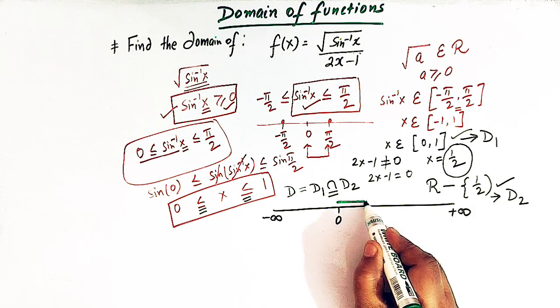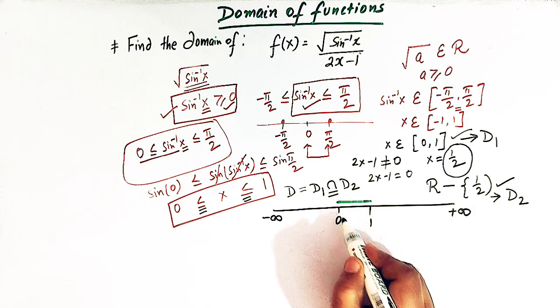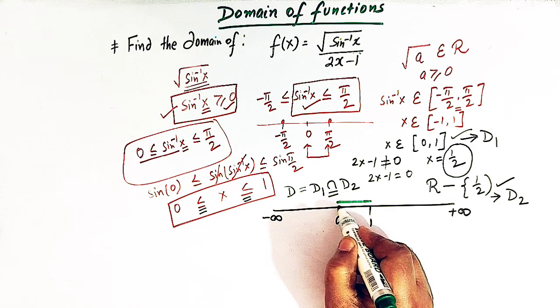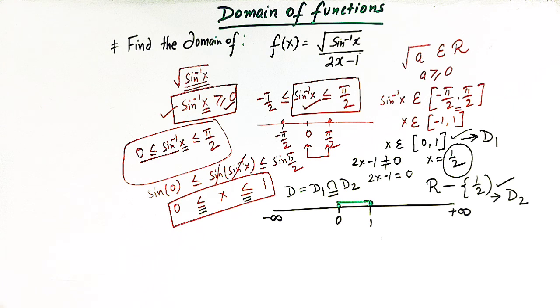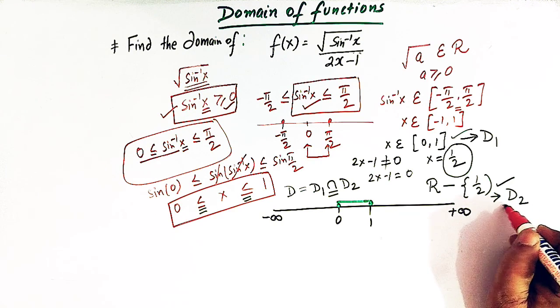So here we have this region, that is from 0 to 1, and remember these 2 points are also included in the domain of the function square root of sine inverse x, right?